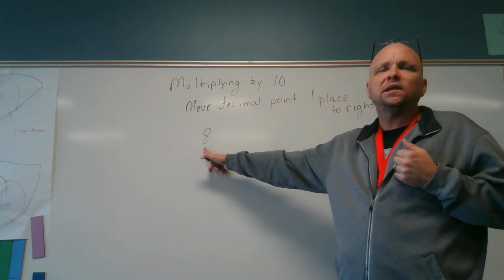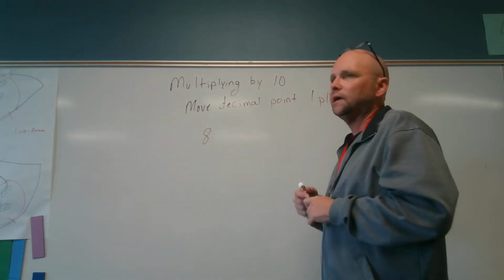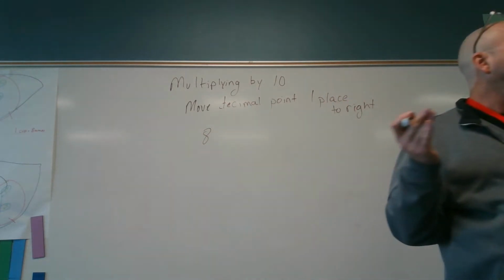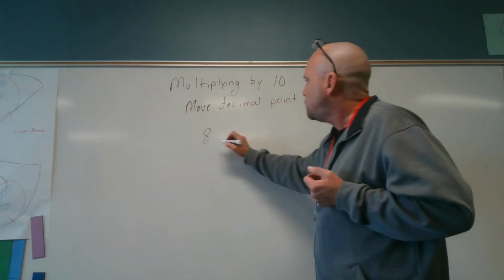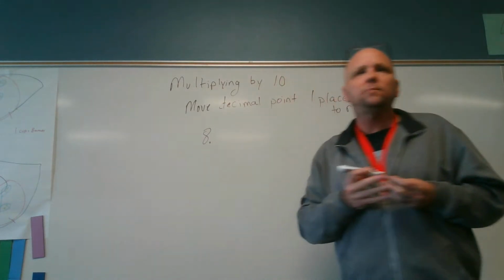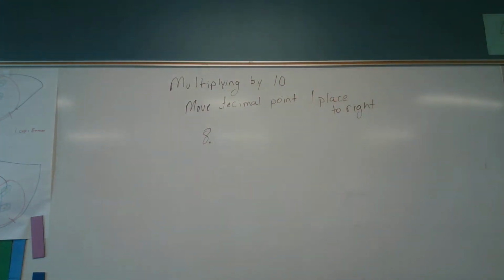Say the ones place. The ones place. And as we all know, the decimal point is always behind the ones place, even if it's not written. You find the ones place, you put the decimal point just to the right of the ones place.